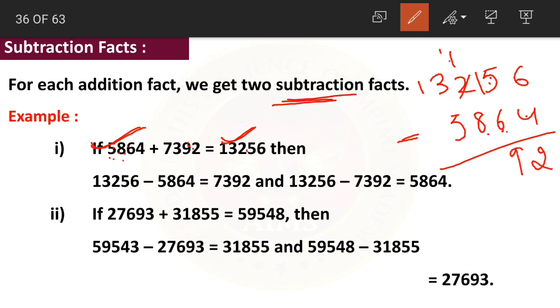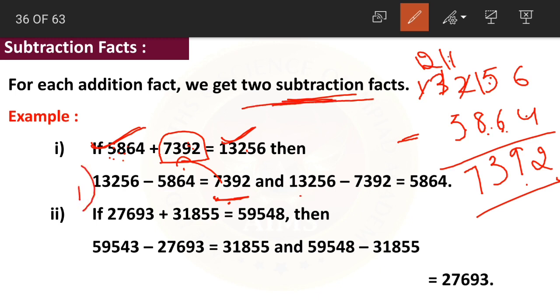Again 1 minus 8, not possible. We'll borrow. 11 minus 8 is 3. Now 2 minus 5 is not possible, so it becomes 12. 12 minus 5 is 7. What answer did we get? 7,392. Now what is this answer? This answer is nothing but the second addend. Clear, children? This is our first fact.